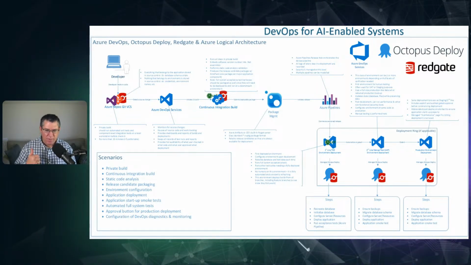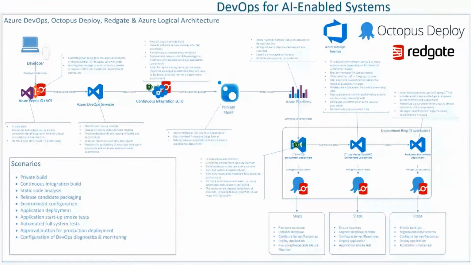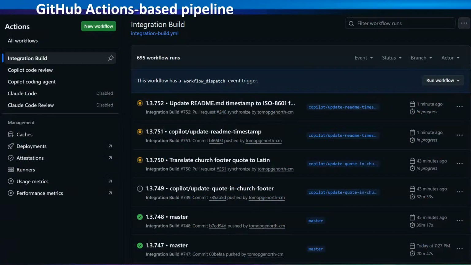You'll see that we have a private build, an integration build, and an automatic first deployment of our software to a test automation environment using Octopus Deploy, then using GitHub Actions to run full system acceptance tests.